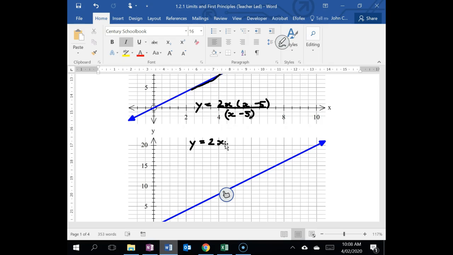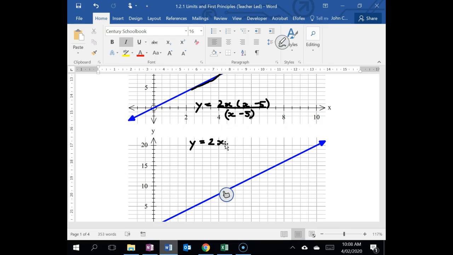No, why not? The functions are basically the same, because in the first one the (x take 5)s cancel. If you just factorize the first function, you get y equals 2x. Yep, so if we cancel the (x take 5)s, we are going to just get y equals 2x.